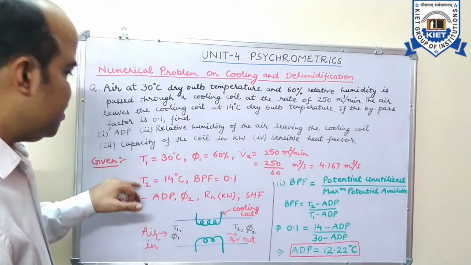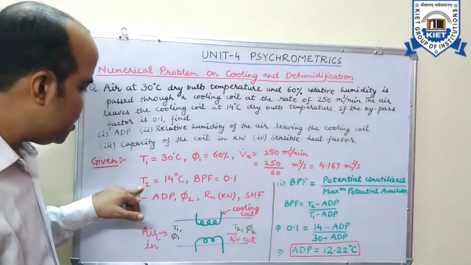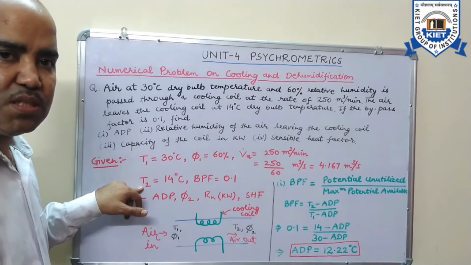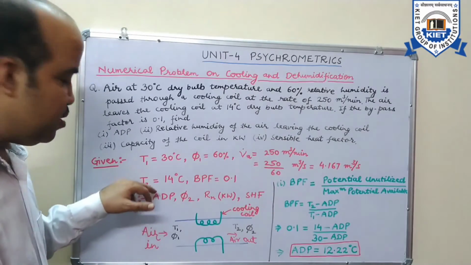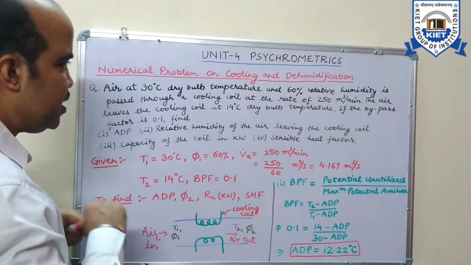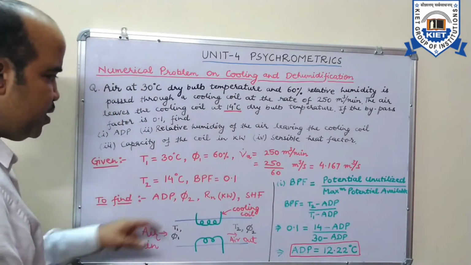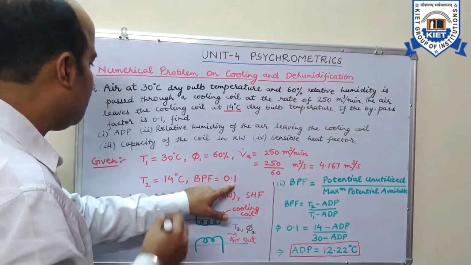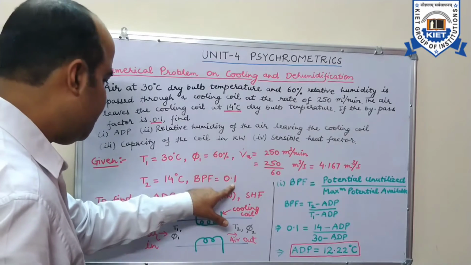The dry bulb temperature of the air leaving the cooling coil, capital T with subscript 2, where 2 denotes the outlet, is 14 degrees Celsius. The bypass factor is 0.1, already given.